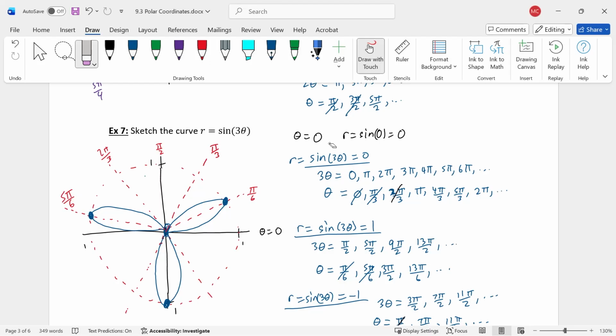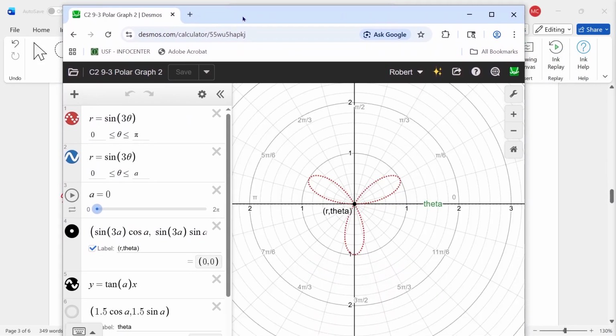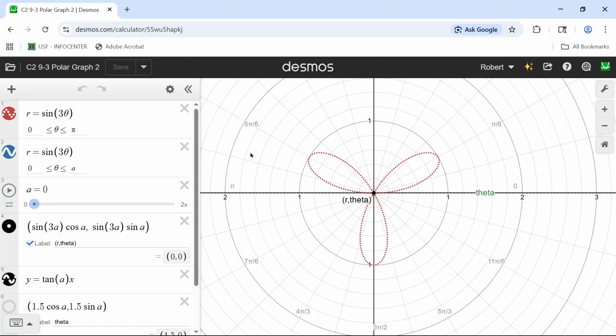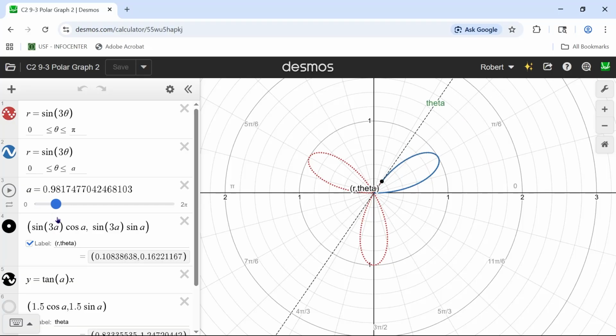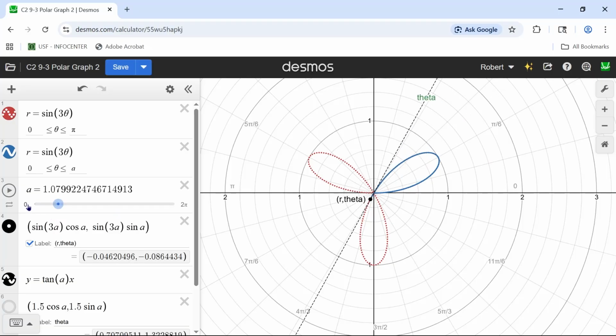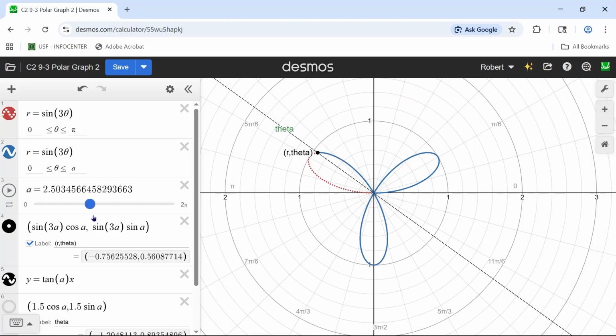So let's take a look at our graphing calculator again and see if we can understand why that happens. Here, this is the graph for sine of 3 theta. It's just like the one I made for cosine, same basic idea. We're tracing the point. Now notice I've changed my range for theta to be from 0 to 2 pi. Notice what happens when I get to pi here.